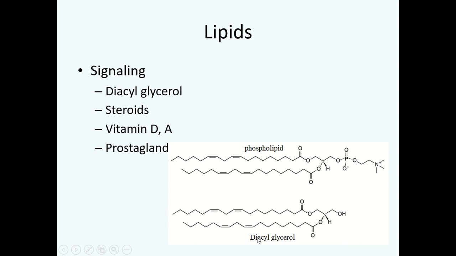That protein kinase, when activated, is going to interact with the substrate proteins and phosphorylate those substrate proteins as well. In this way, the activation through diacylglycerol results in transferring the signal into the cell.